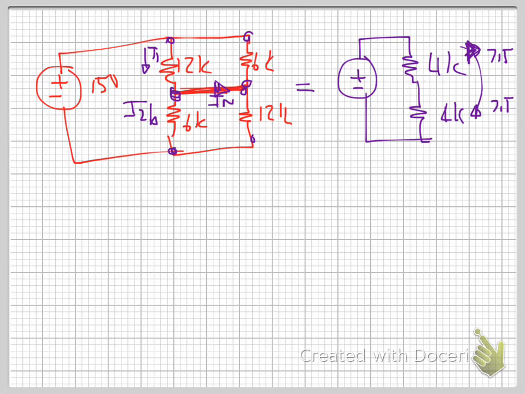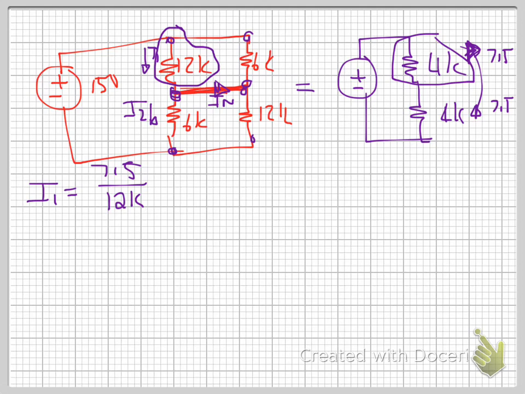So therefore, the current I1 is equal to 7.5 over 12K, right? So remember that I1 is the current going through this node, right? You may have made a mistake where you said that I1 is 7.5 over 4K. That is not the truth, because remember that I1 is the current that's flowing through there.